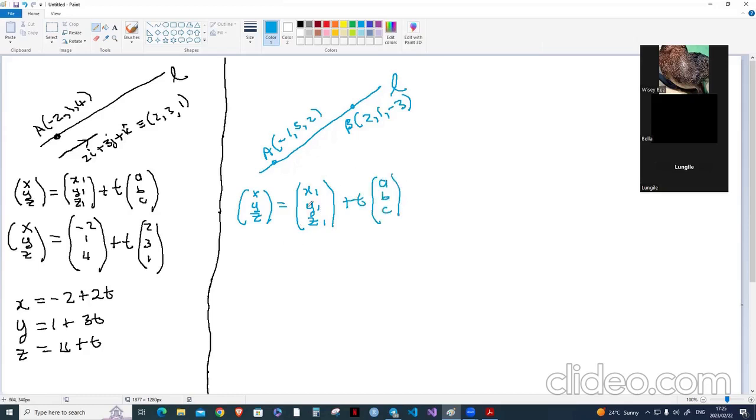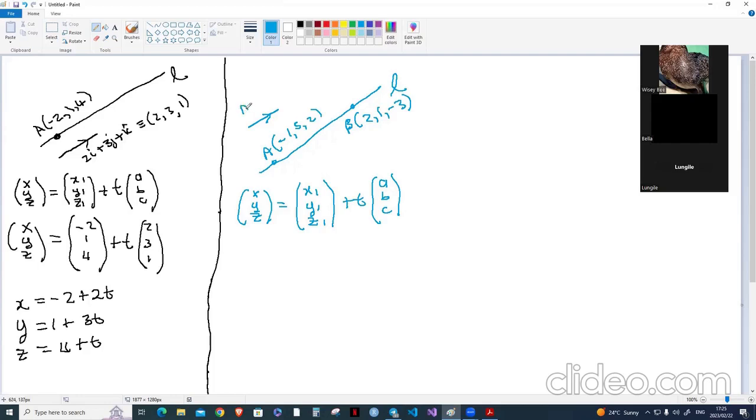So this is the point on the line. We've got 2, so you can just choose any. And then how do we find this? Well, remember, it's a vector parallel to the line. We can come up with a vector because now we've got 2 points here.